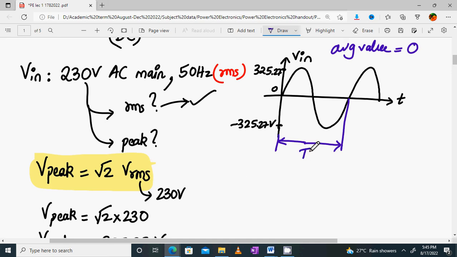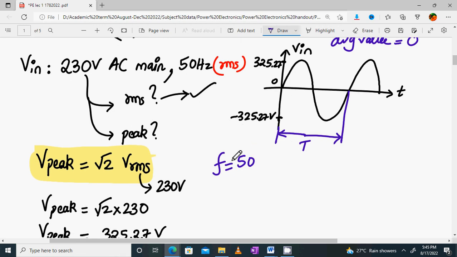So how much is T? Remember, the frequency of the signal is around 50 hertz. So your time period will be 1 upon 50, and that will come out to be 20 millisecond. That means from peak to peak we have 20 millisecond.